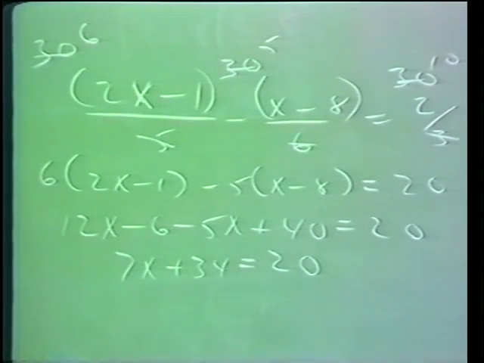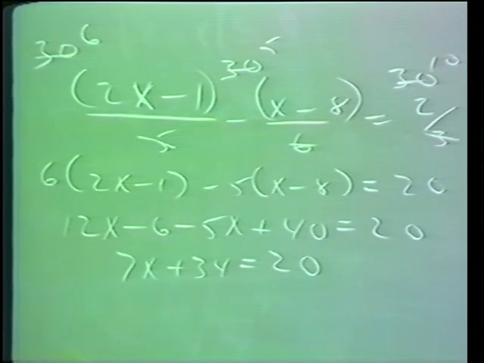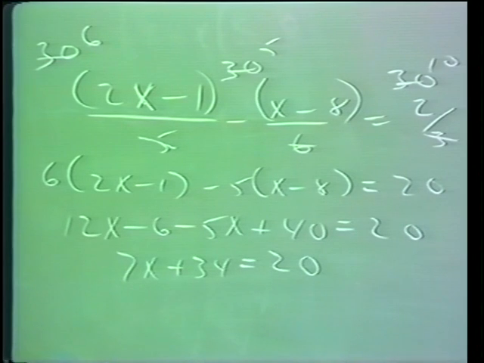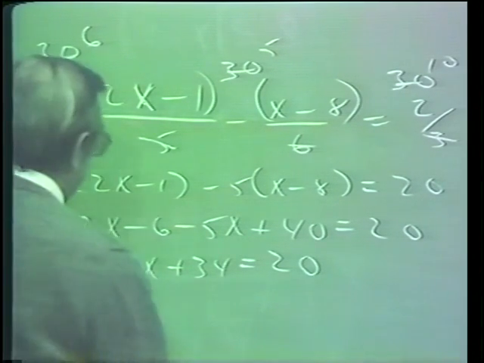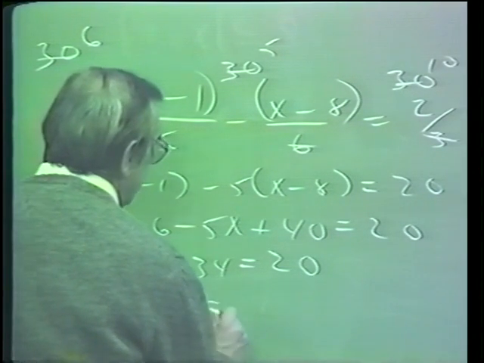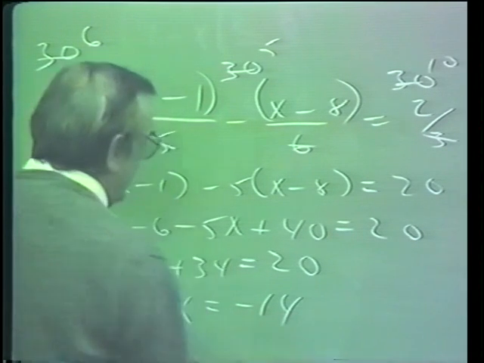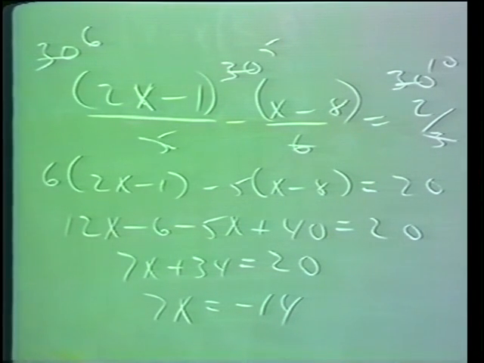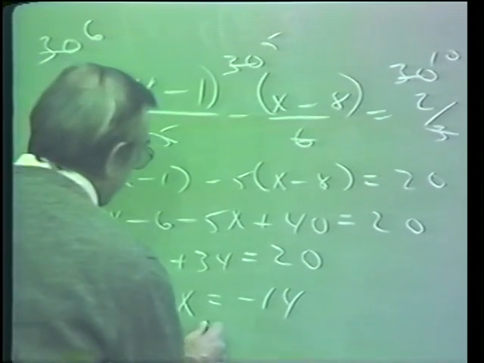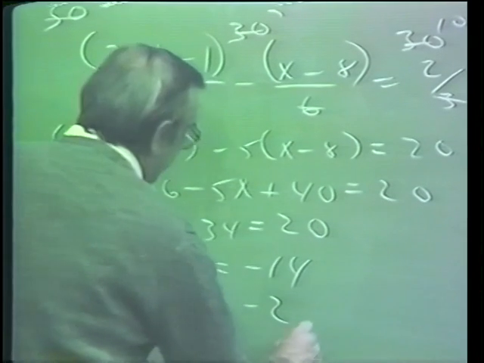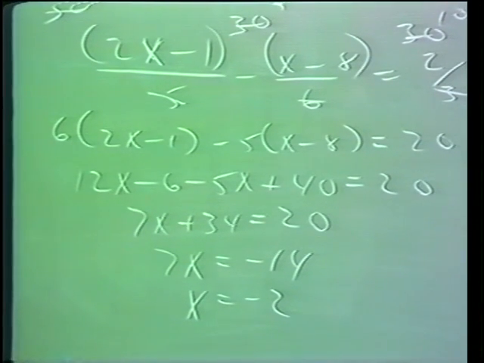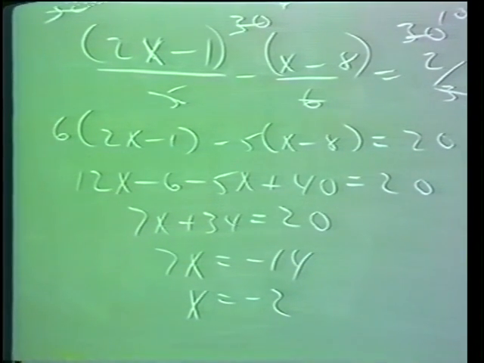Step 5 says get all the terms that don't have x off that side. Well, I have to get rid of the 34. I add a negative 34 to both sides. You get 7x equal 14. Last step says divide both sides by the coefficient of x, which is 7. So if we divide both sides by 7, we come out with x is equal to negative 2.